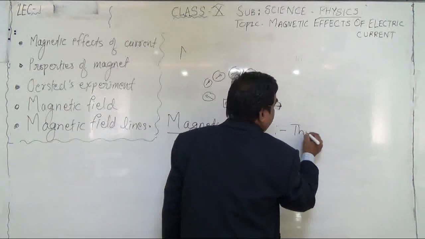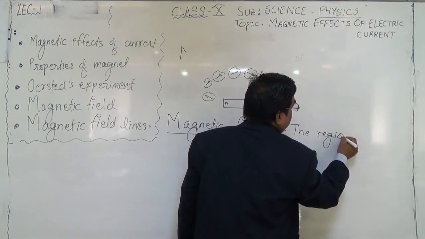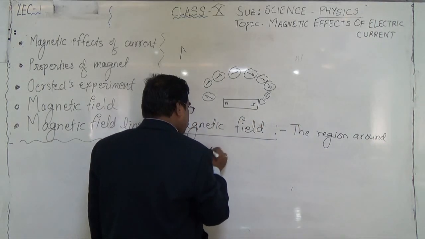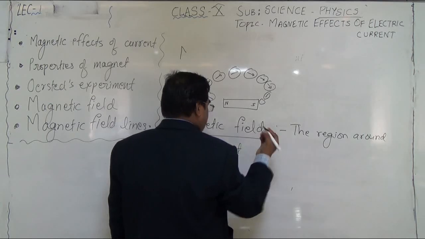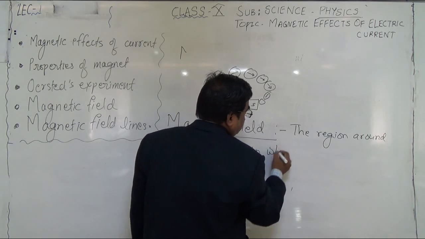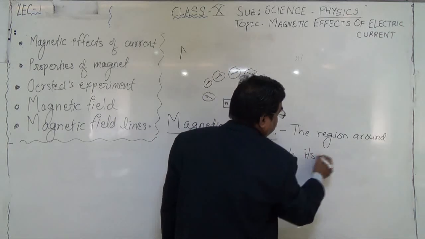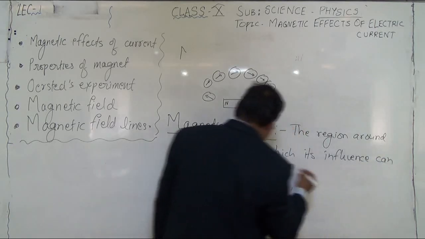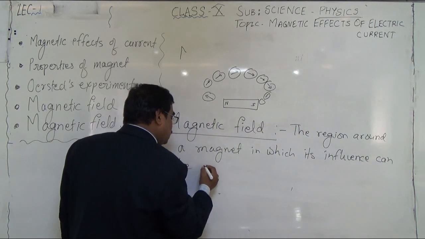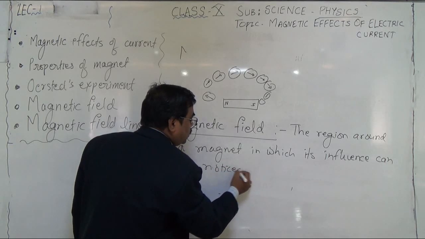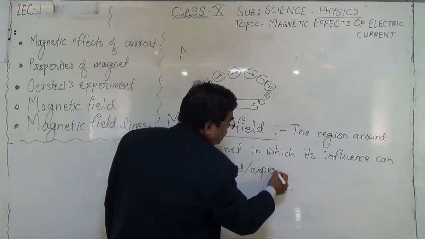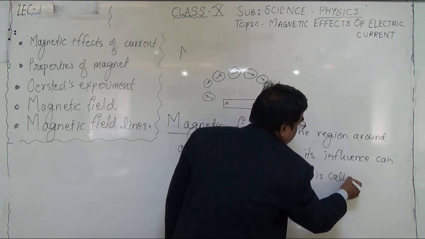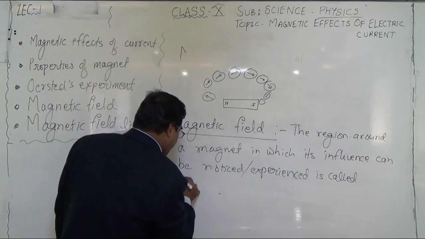The region around a magnet in which its influence can be noticed or experienced is called magnetic field.